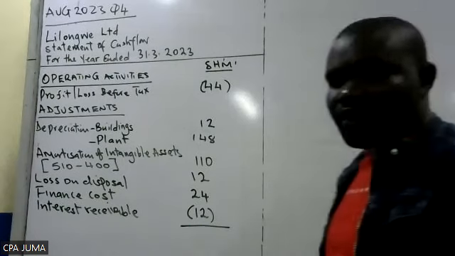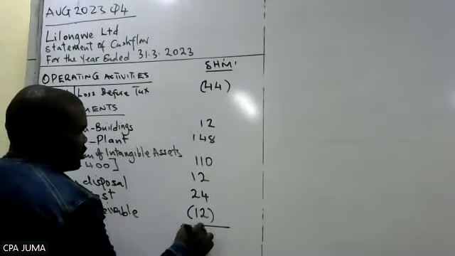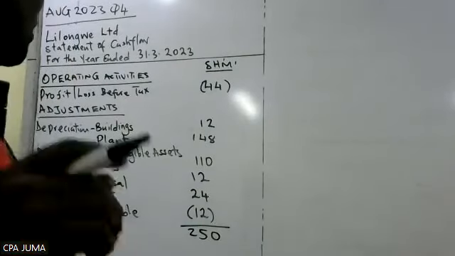So that one, thank you. That one comes to 250 positive. Then you bring working capital down there.